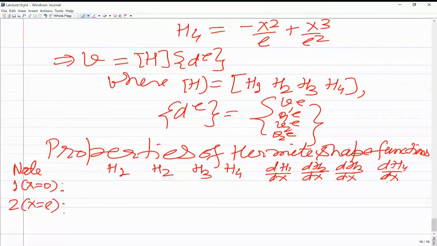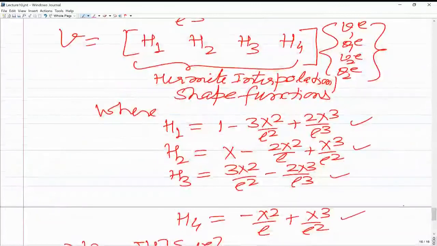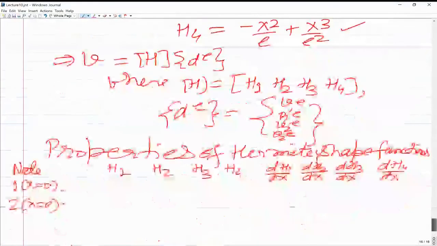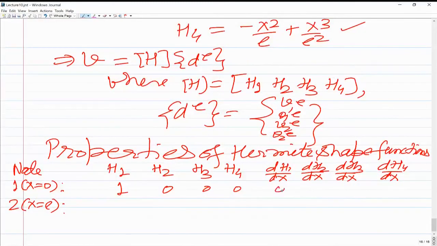If you now put x equal to 0 in the shape functions, which are already defined, you will find that h1 would be unity and h2, h3, h4 will all be 0. When you take their derivatives and put x equal to 0, you will find dh1 by dx is 0, dh2 by dx would be unity, and the other two derivatives would be 0.